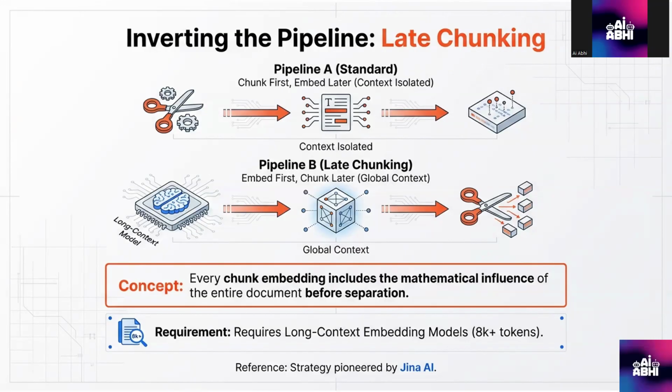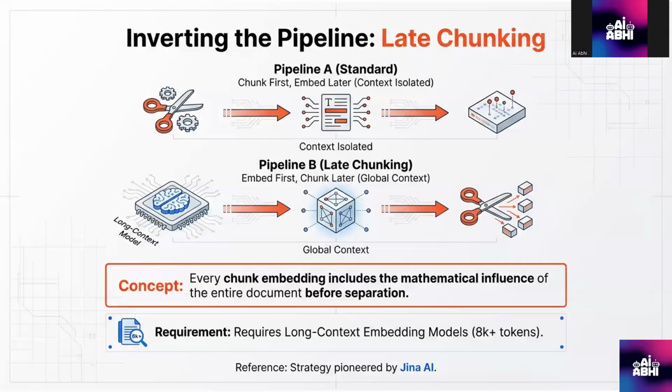So what do you think would be the result? The result is that each chunk's embedding captures the full document context, not just its own isolated text. So when a chunk says its population, the embedding already knows that it refers to Berlin because the model saw the full document before chunking happened.